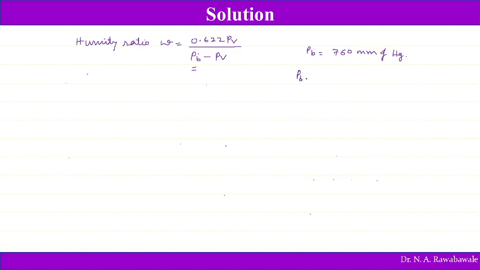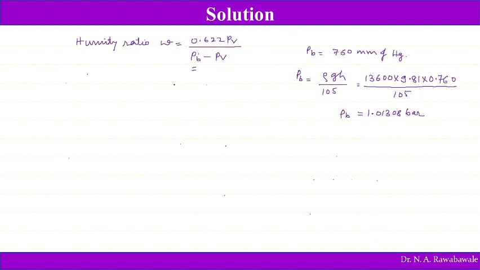So PB in bar can be calculated as rho g h divided by 10 to the power of 5. So rho is 13,600, density of mercury is 13,600 kg per meter cube, into 9.81 meter per second square is acceleration due to gravity, into h is 760 means 0.760 meters, divided by 10 to the power of 5. So this barometric pressure PB works out to be 1.01308 bar.